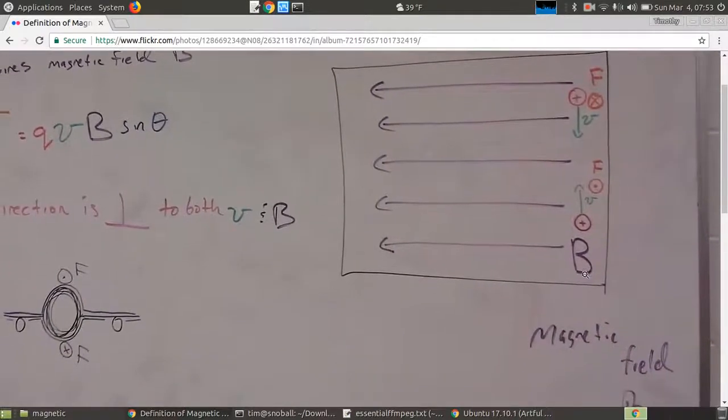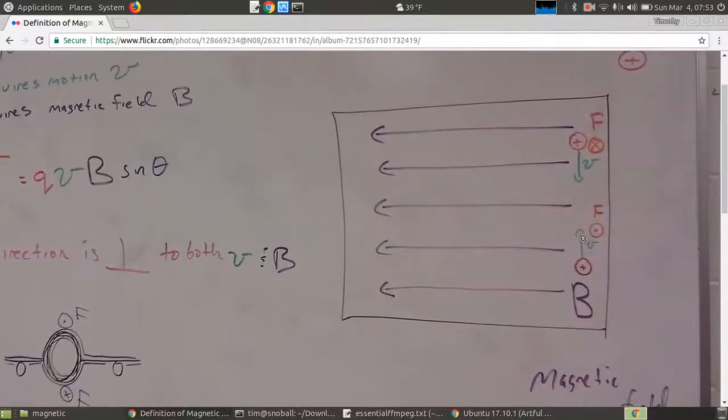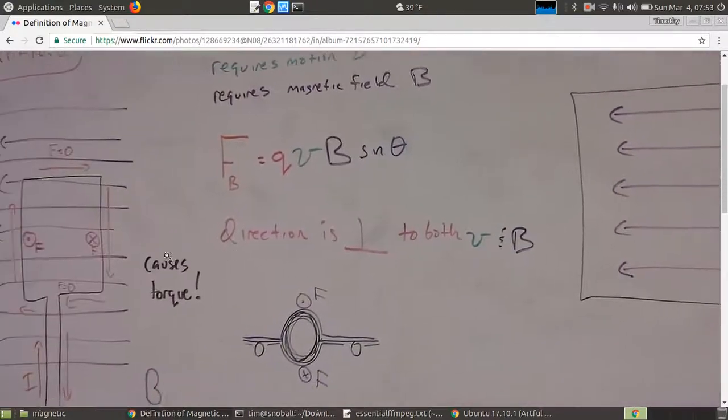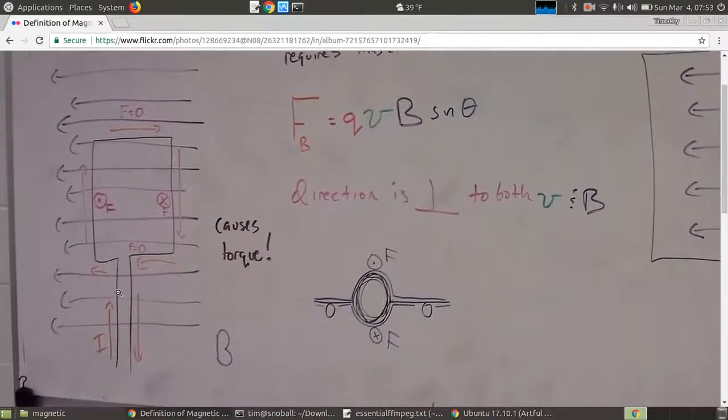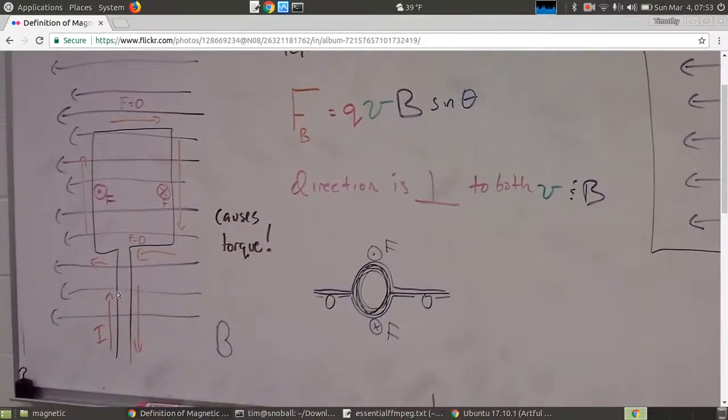When I went the other direction, my perpendicular motion in the magnetic field caused an upward force. The same thing happens in a coil of wire. Based on a diagram in a textbook, which I'll give in the notes to this video, I made this into a square. I thought they had a good idea there, because it makes it easier to see.